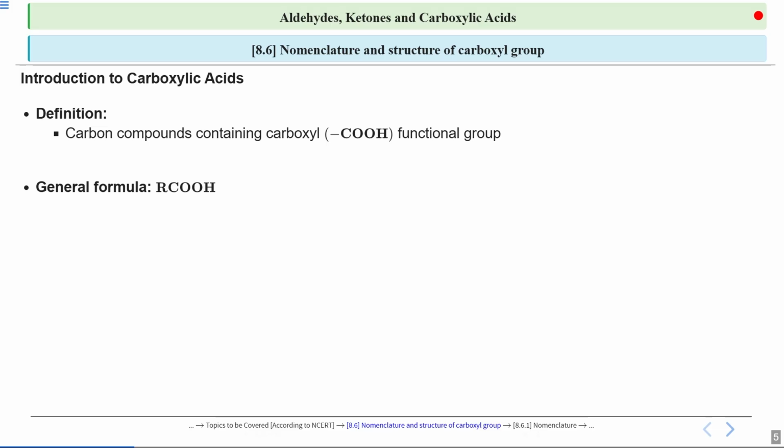This formula helps you to identify carboxylic acids based on their structure. If you look at this formula, you will see an R group over here. Now R can represent different groups: it can be hydrogen, an aryl, or an alkyl group.